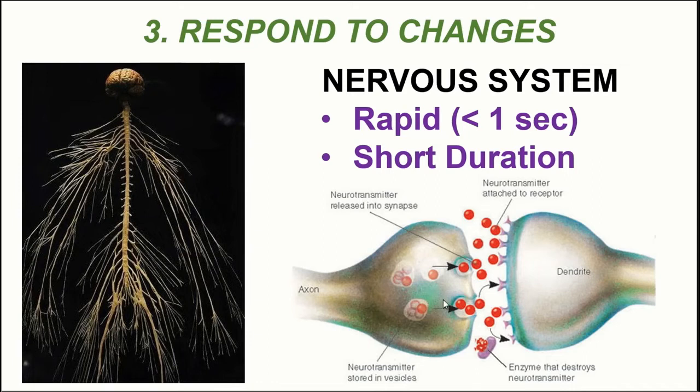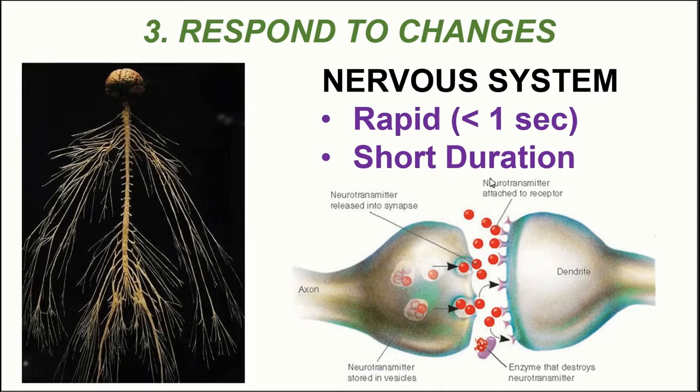The neurotransmitters will then move a short distance to another cell that is essentially on the receiving end of this axon, and the neurotransmitter then influences the cell or the tissue at the receiving end of this axon.